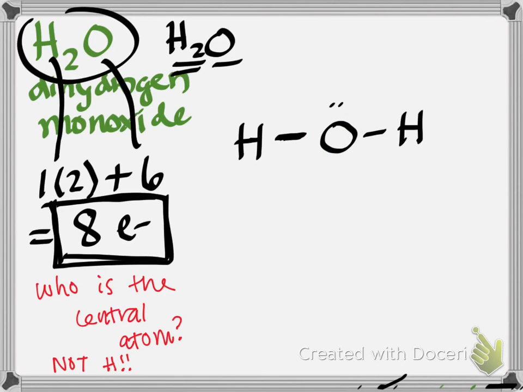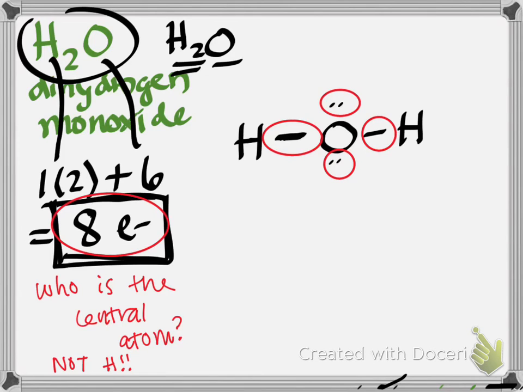So now I have 2, 4, 6, 8, okay? So now my structure has 8 total electrons, and that's how many I should have here, okay?